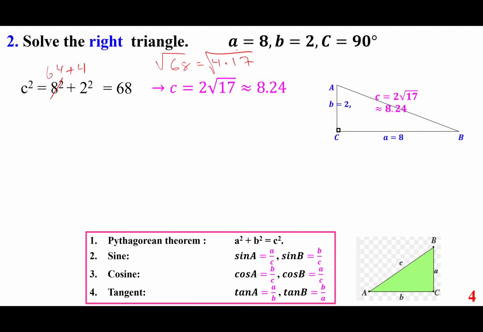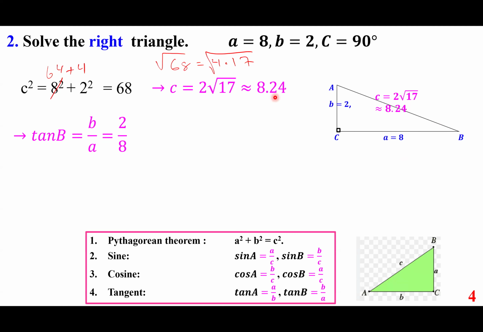Now, for one of the angles, we can use tangent, and because this side and this side are given, we can say tan of B is 2 over 8. So we want to use the given rather than the one that we have calculated, because maybe we made a mistake. You always use the one that is given.